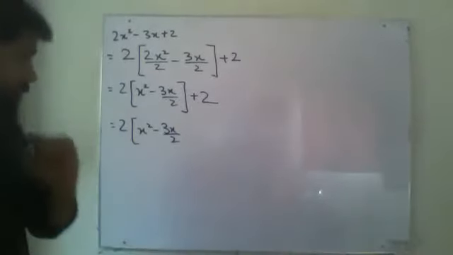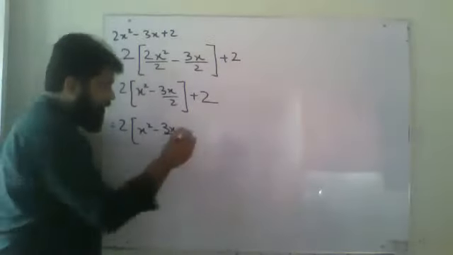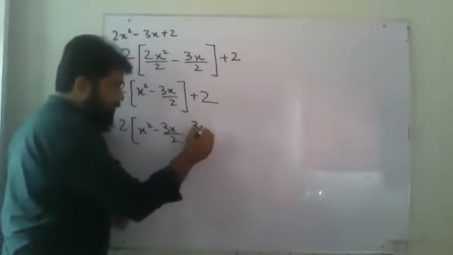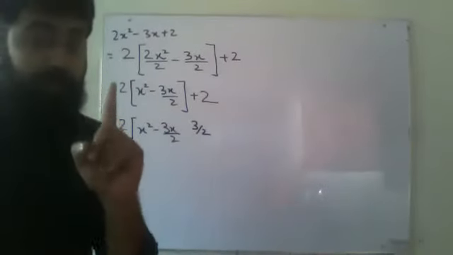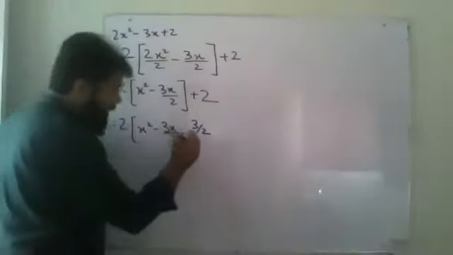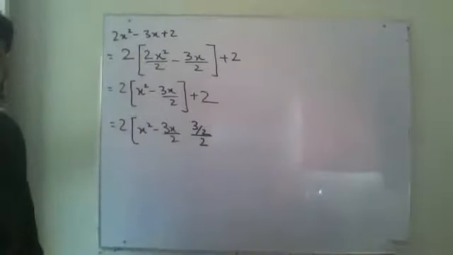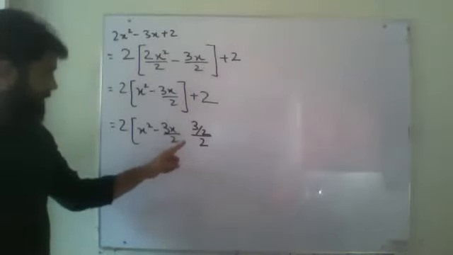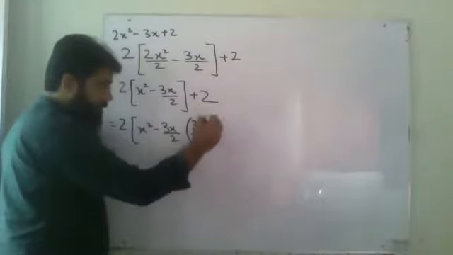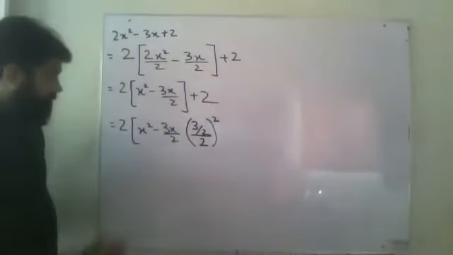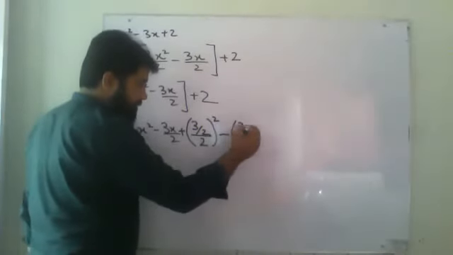So what is the coefficient of x over here? 3 over 2. Coefficient of x divided by 2, squared, added and subtracted.